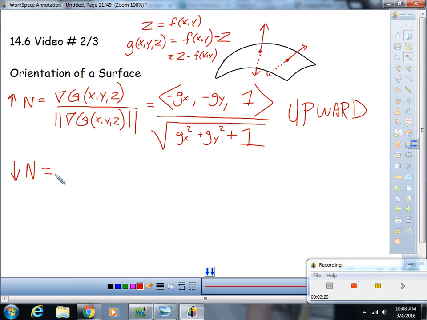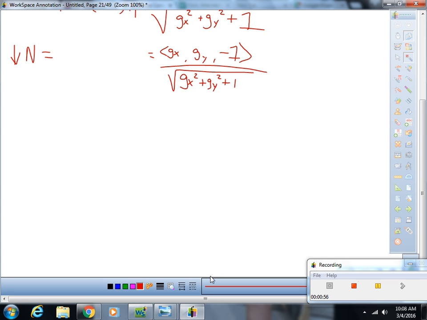We'll just go right to this one: G sub x, G sub y, and then that becomes a negative 1. So we flipped all the signs, over the square root of G sub x squared plus G sub y squared plus 1. Okay? So that is simply how to find a unit normal vector to our surface. If those exist all over the place, then it is orientable.